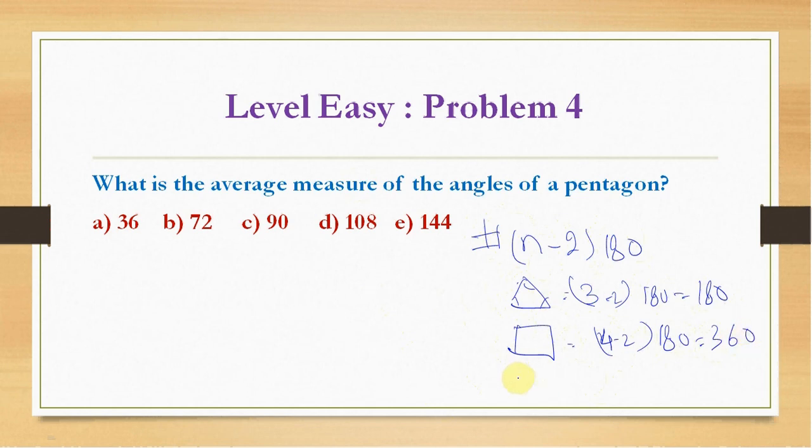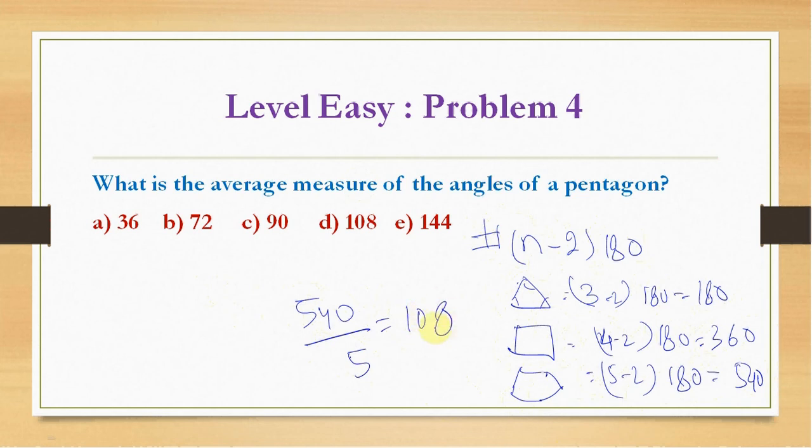And a pentagon is a figure with 5 sides and there are 5 angles, so this becomes 5 minus 2 times 180 is 540. Now to find average, we divide this total by 5 and the answer is 108. So our correct option is D.